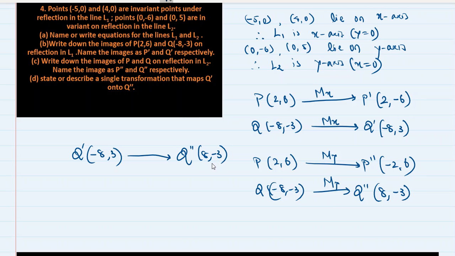What kind of reflection does it have to go through? As we can see, both the signs of the x and y coordinates are reversed. That means this reflection must be through the origin. So the single transformation that maps Q dash to Q double dash is the reflection through the origin. Okay, so that should be your final answer. Easy question.